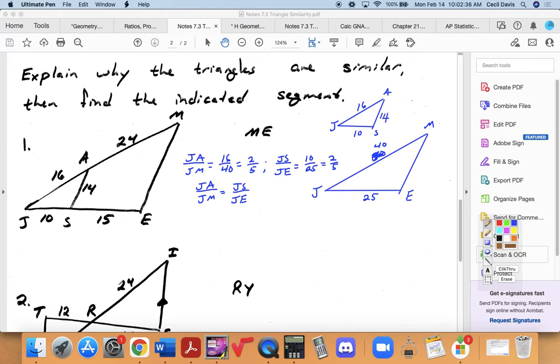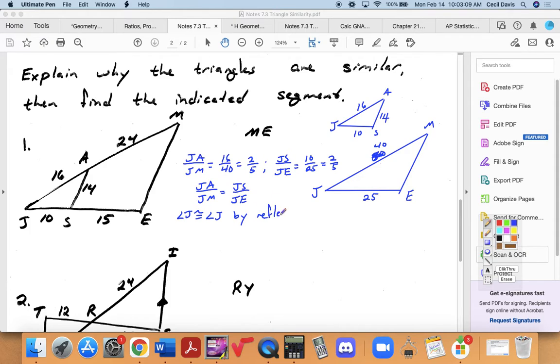To prove that they're proportional, you should write the proportion. Then you're like, well, I can't do the last pair of sides because I don't know these are similar yet. But what angle do both of these triangles have in them? Angle J. Is it the same angle J in both of these? Yes. Angle J is congruent to angle J by the reflexive property.